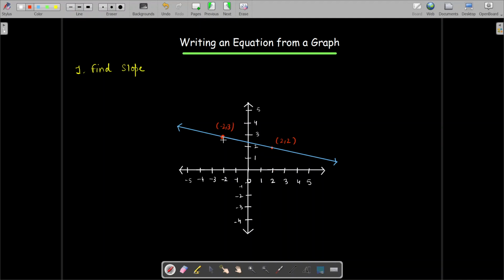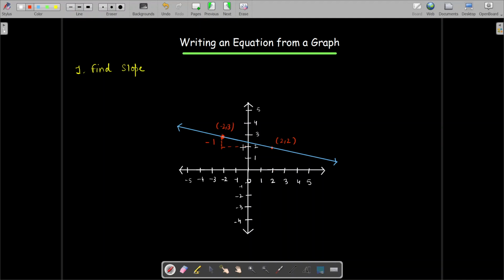So if I have to go from this point to this point, right now I'm at 3, I have to come down from 3 to 2. I have to come down by 1 unit, and since I'm coming down, I put a negative sign. And the horizontal change is I'm moving from -2 to +2.